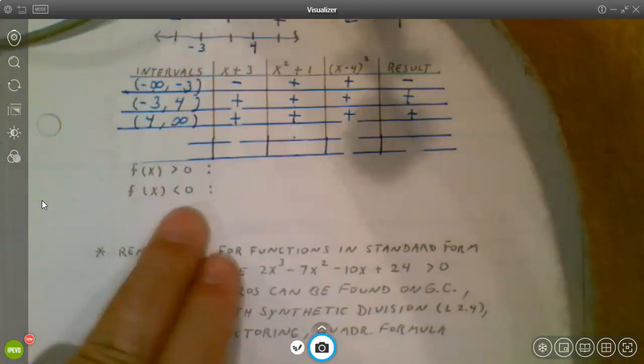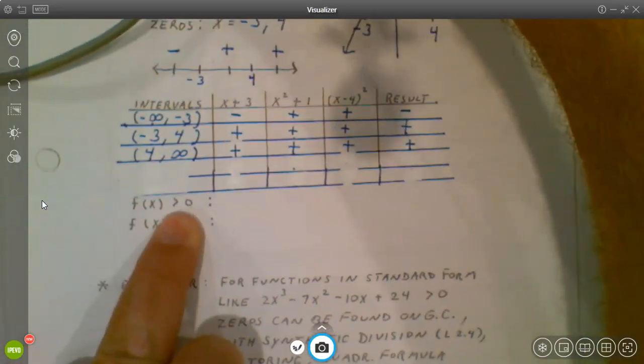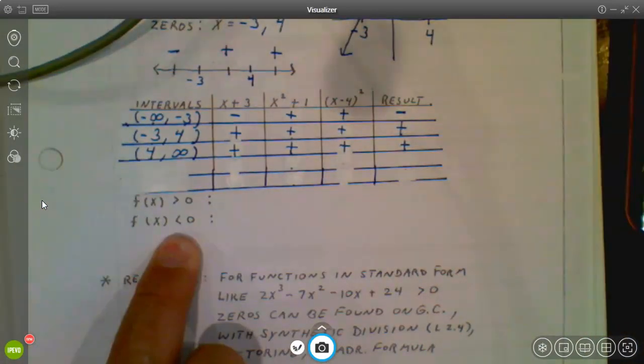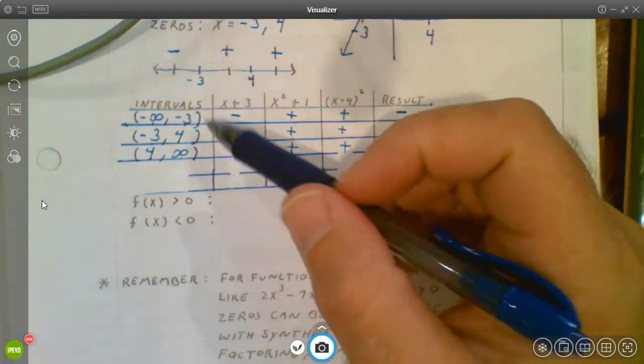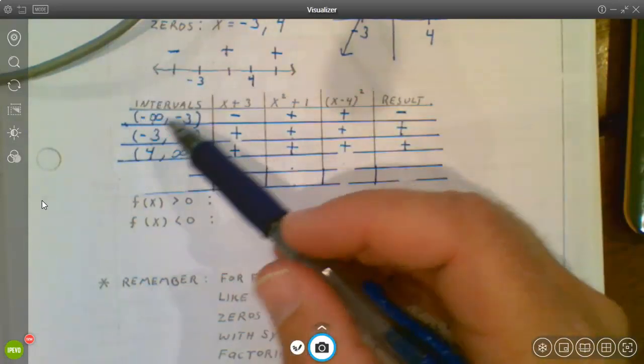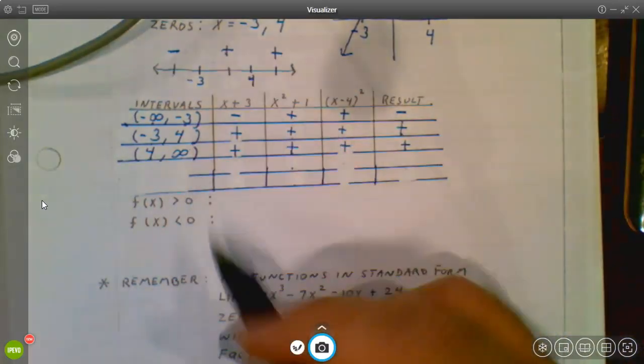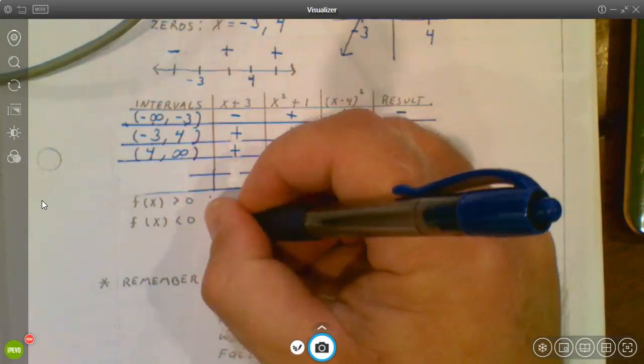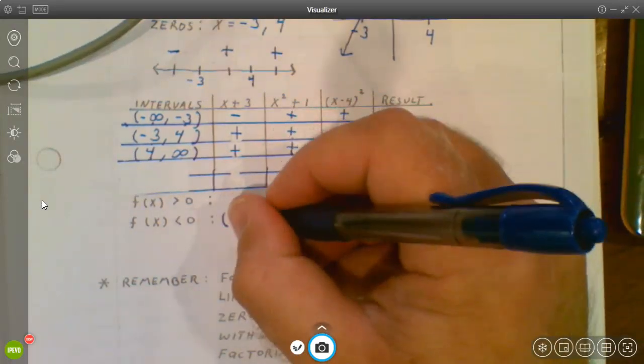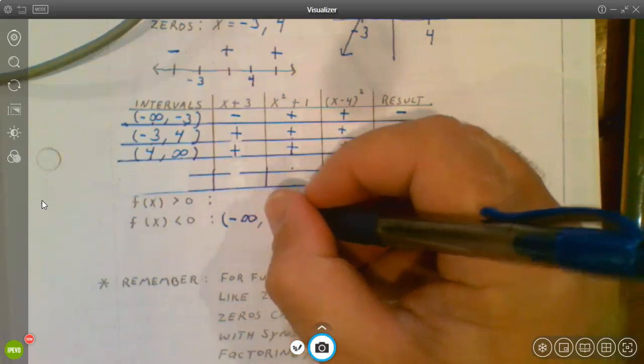So let's identify the areas of the graph that are greater than 0 and the areas that are less than 0. As we look at these, we can see that this interval was overall negative. So right here I have my negative infinity to negative 3.